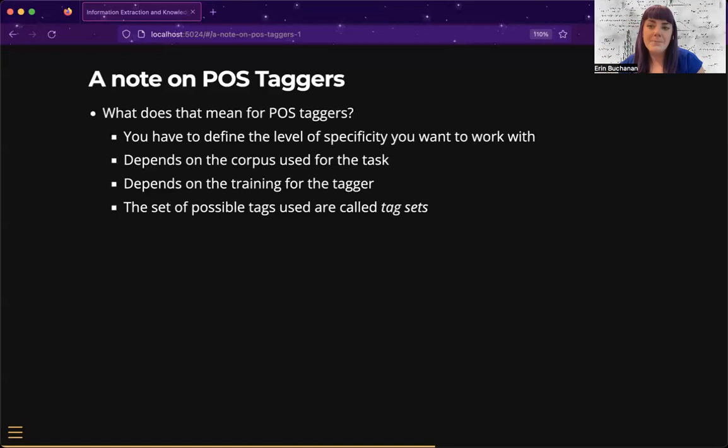The labels tend to be slightly different, and some of them have a couple more than others. So in theory, the universal tag set has 10. In practice, it's like 10 to 15, depending on which tagger you're using. By tagger, I mean whichever program you're picking. So spaCy has a tagger, NLTK has a tagger, and there are a couple of packages in R.